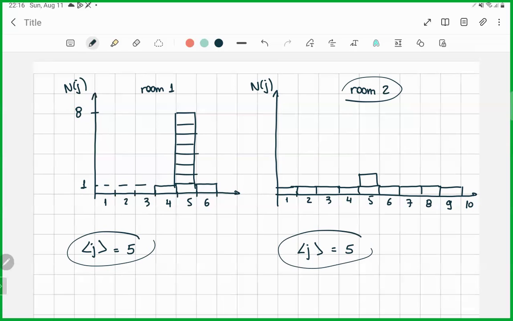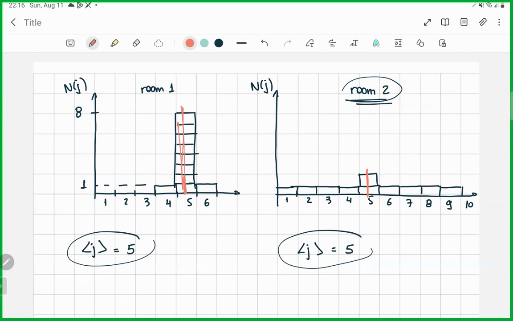How can we say or show or quantify that in room 2 the age of people is more spread out? Well, in room 2, the ages 6, 7, 8 are further away from the mean than in this case here.